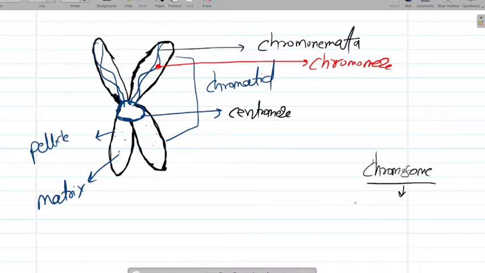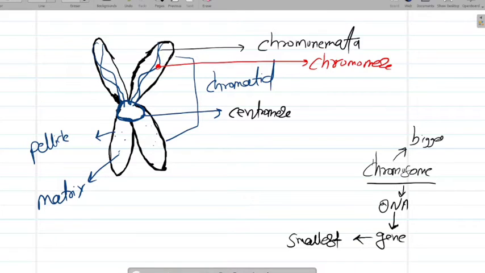You can call it the most complex or largest unit of genetics or heredity. The chromosome itself has DNA, which is made up of many genes. Now as you can say, the gene is the smallest unit of genetics or heredity, while the chromosome is the biggest unit of heredity.